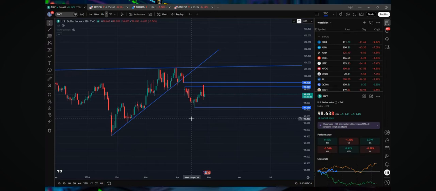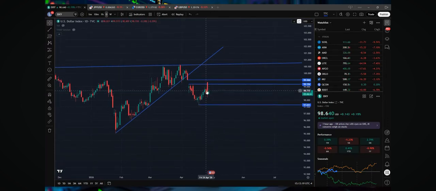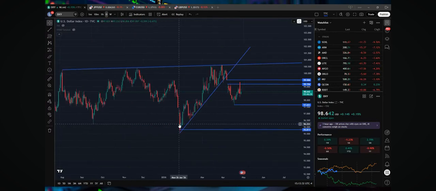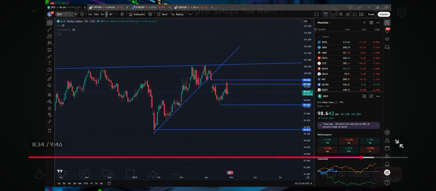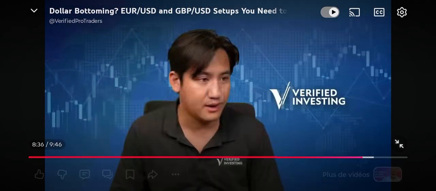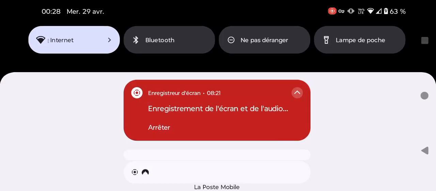But the question is, is the dollar bottoming? Is it setting up a base, or is this a sign of things to come? Could we expect a further fall, say to the 95.8 level? Only time will tell on this chart of DXY. With that being said, guys, that's all I have.